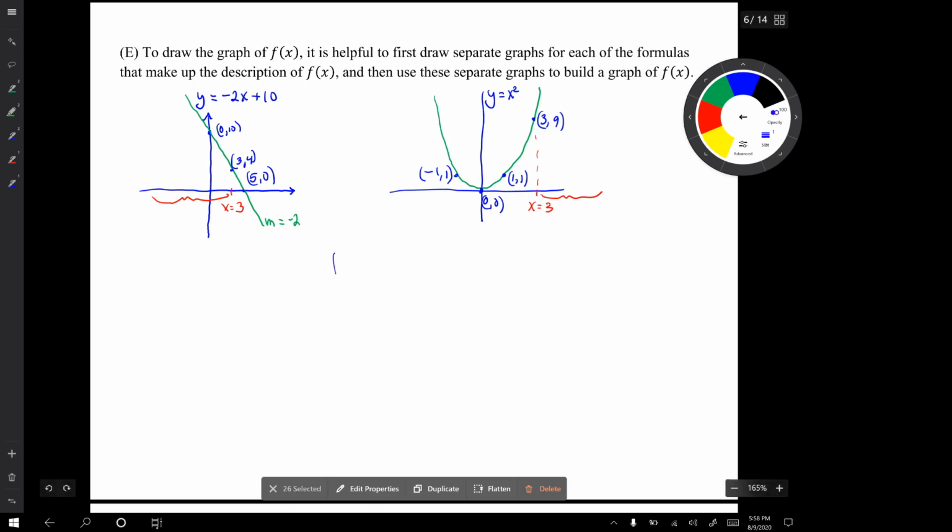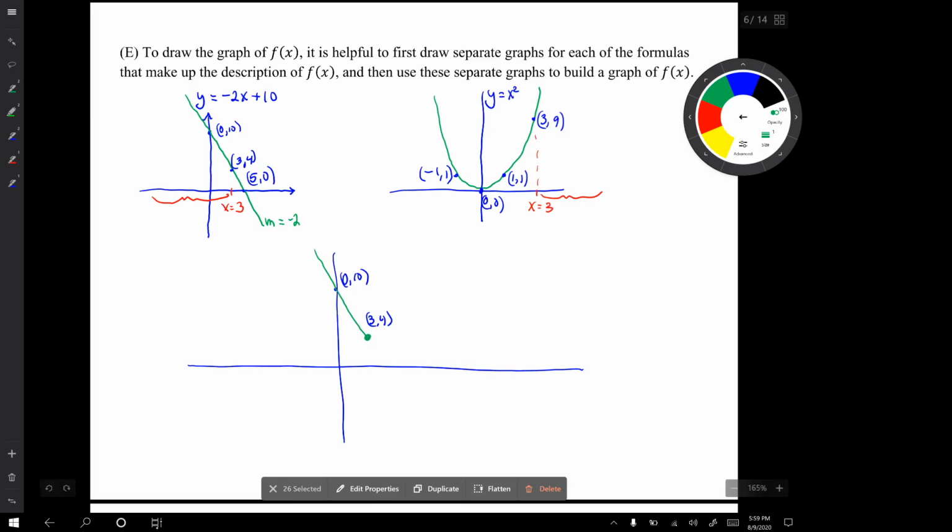So when we build the graph of f, it's going to look like this. Straight line coming down through the point 0, 10 and including the point 3, 4. So the graph includes this point.